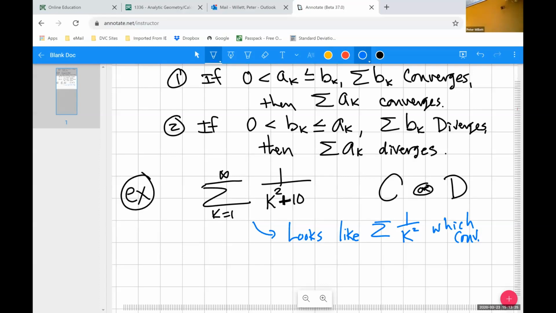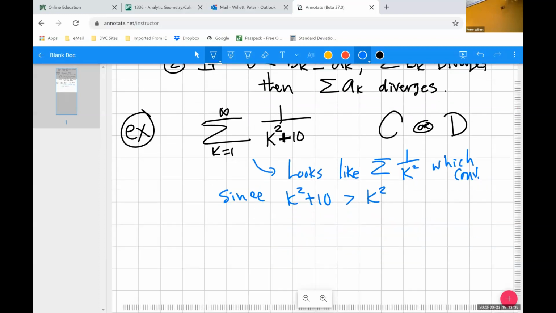So then I would say something like, since k squared plus 10 is always bigger than k squared, then 1 over k squared plus 10 is less than 1 over k squared.